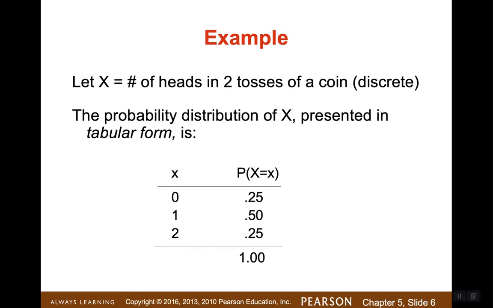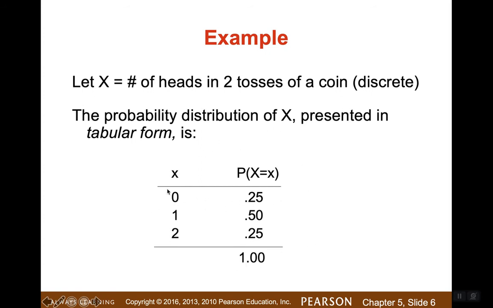In two tosses, we will have either no heads, one head, or two heads. This is the distribution of these discrete events.